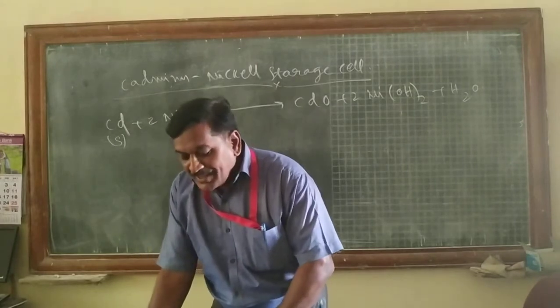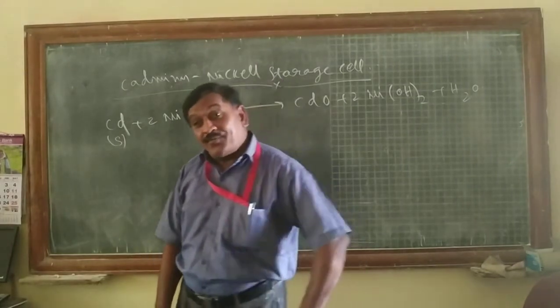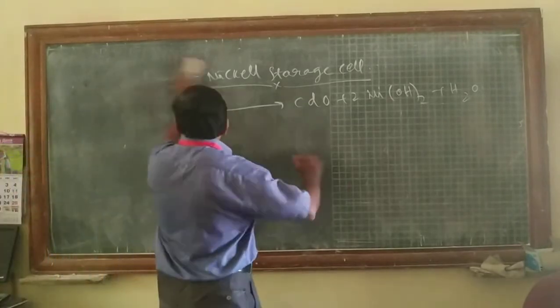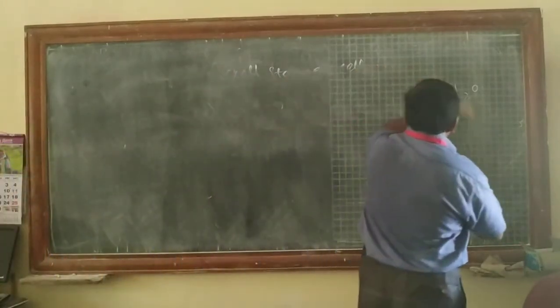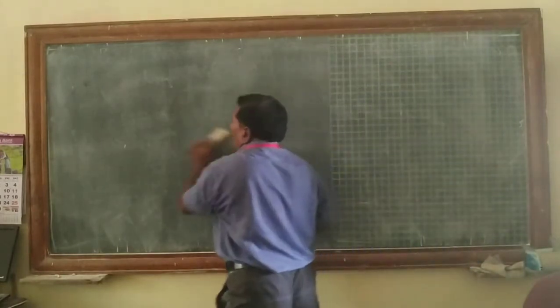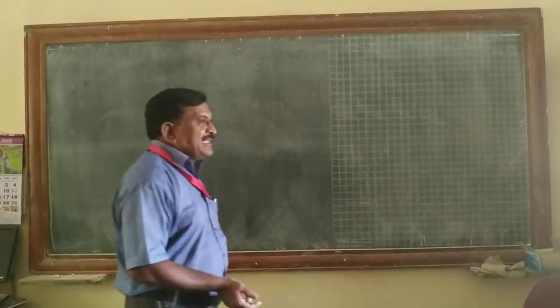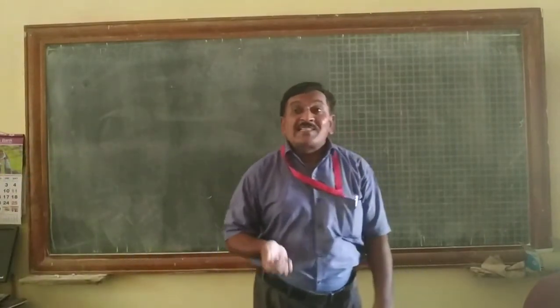Okay, so next, the third one is the fuel cells. What is a fuel cell? In the olden days, chemical energy was converted into electrical energy by using fuels or fossil fuels.